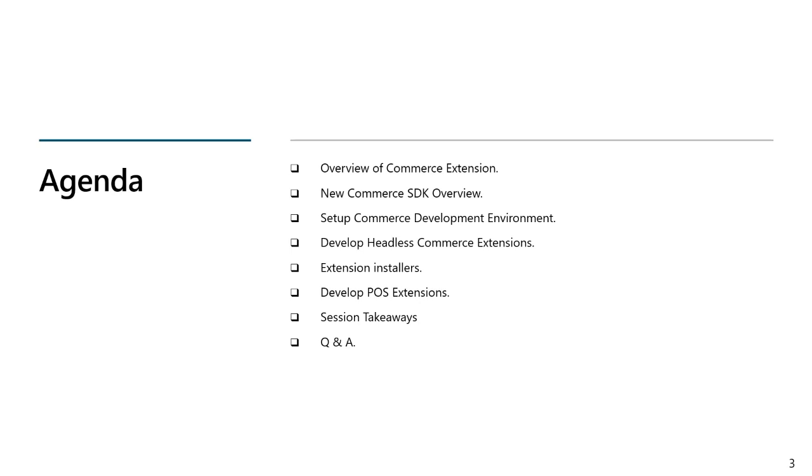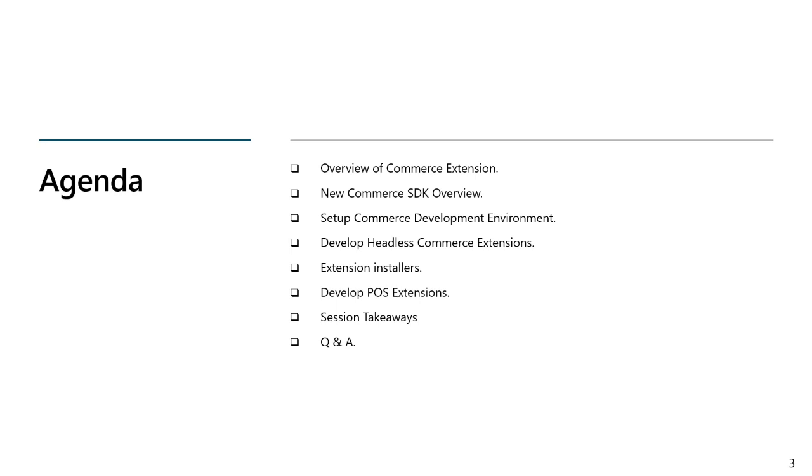And then I will cover how you can set up a local development environment using the new Commerce SDK. Previously, you would have used the LCS, the Lifecycle Services development VM, going to LCS and deploying a VM. Right now, I'll walk through how you can set up the local development environment.